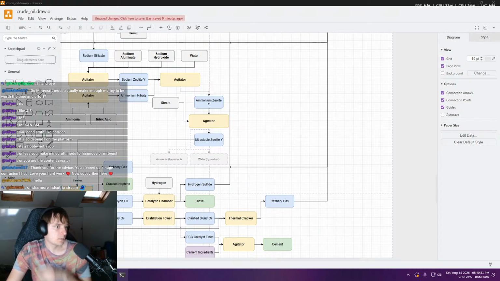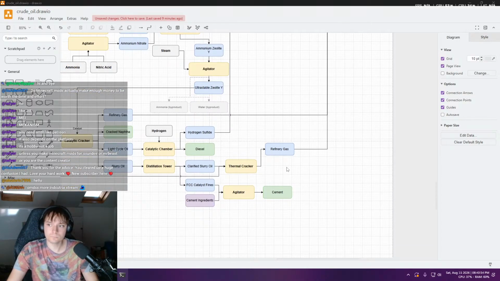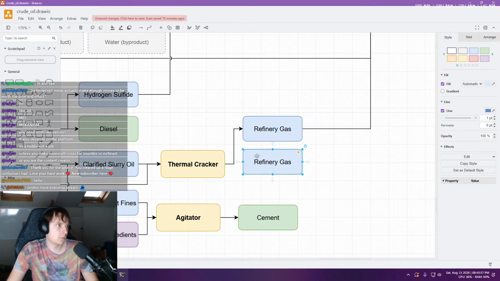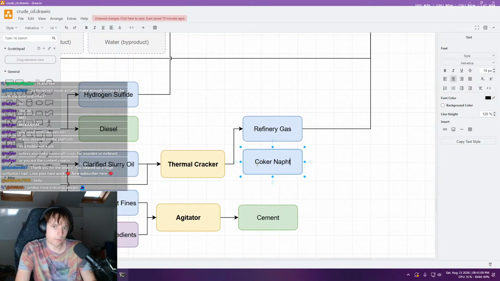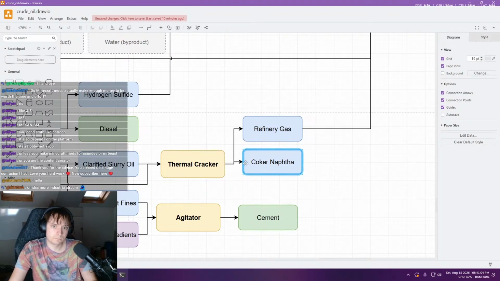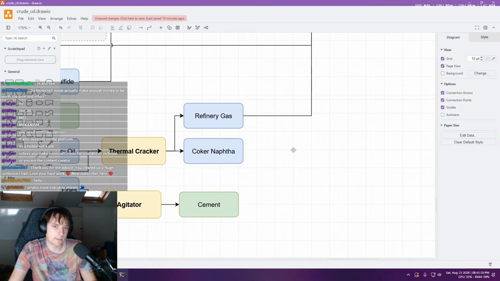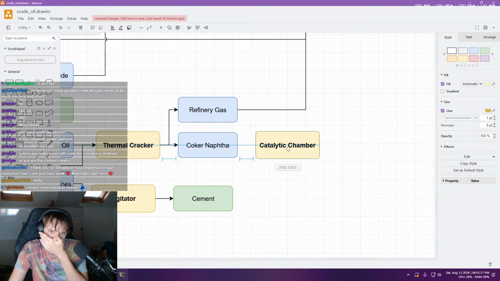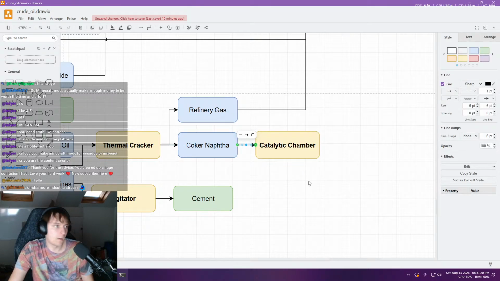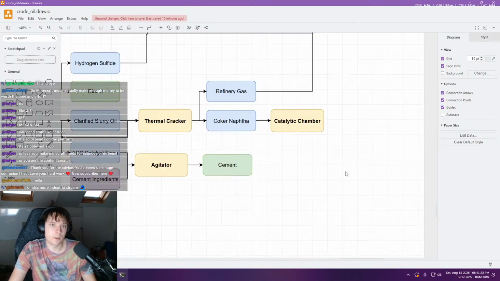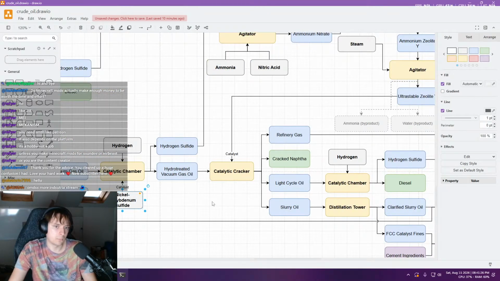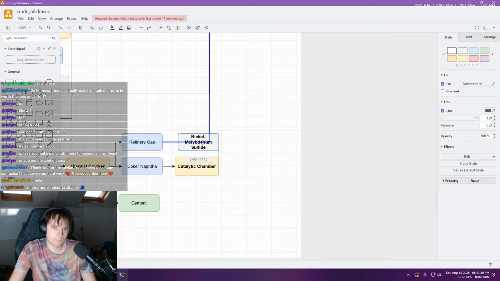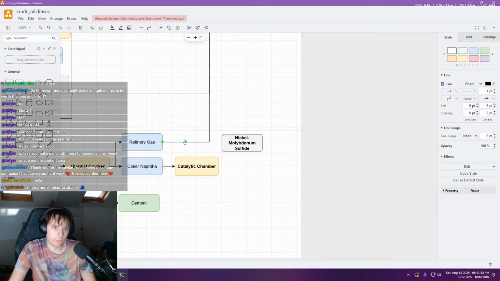Okay. So one of the other ones is called Coker Naphtha. We're going to simplify this one for what makes the most sense, which is to take this into a catalytic chamber here with our existing nickel molybdenum sulfide base.